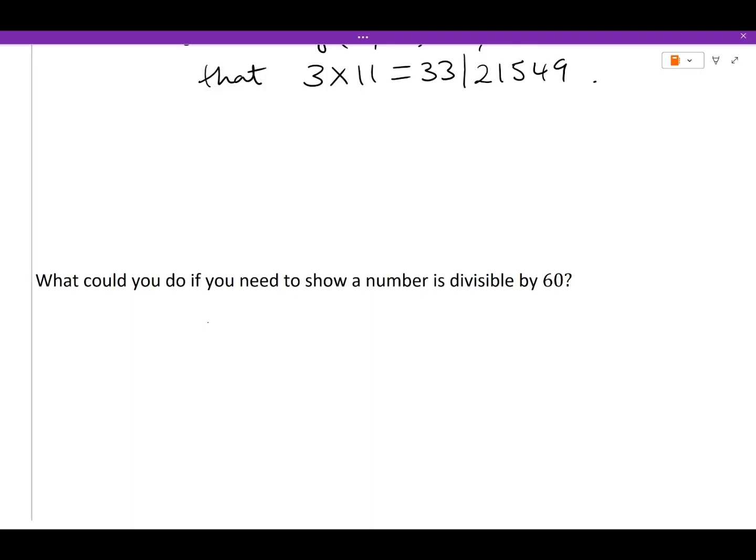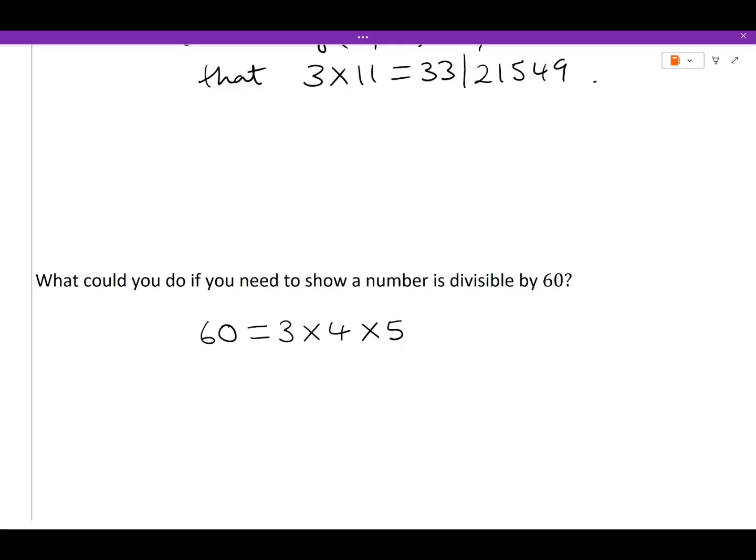What you can do is write it as a product of 3 numbers. For example, some of the numbers that we've made use of previously that might work would be 3 multiplied by 4 multiplied by 5. Because you've got 3 times 20, which is 60.